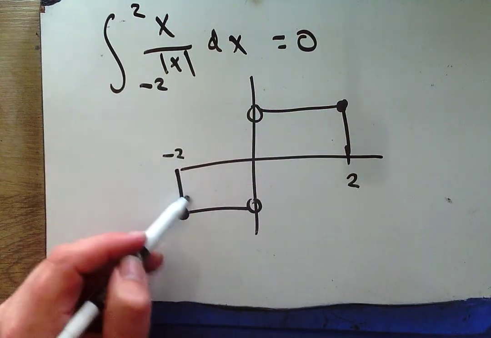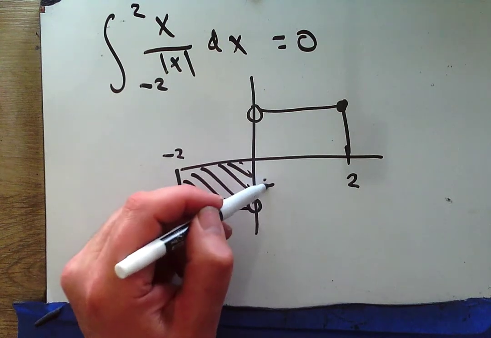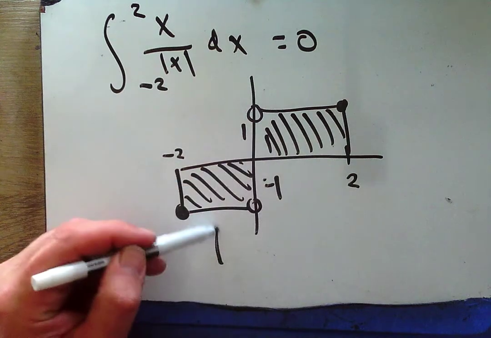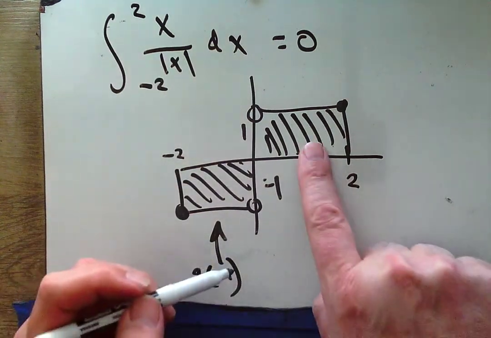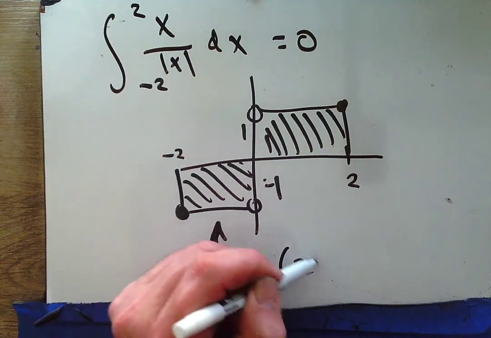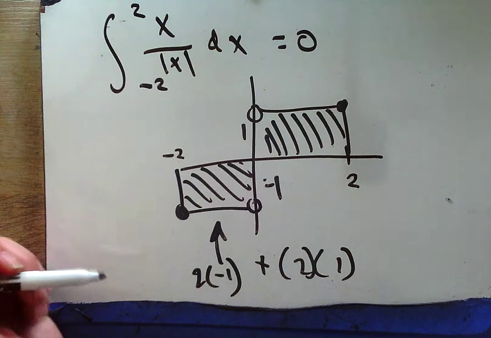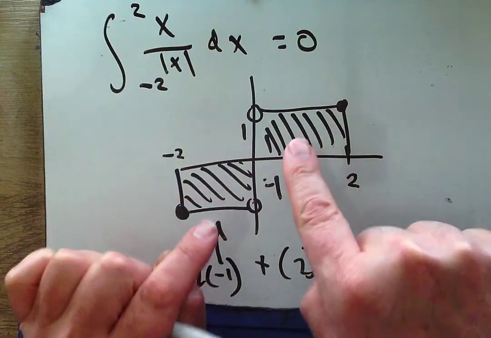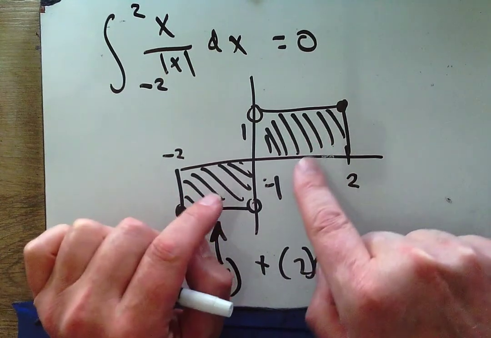So this I'm looking at negative 1, positive 1. This one I'm looking at 2 times negative 1. And this one I'm looking at 2 times positive 1. Or said a different way, this amount and this amount are the same size but opposite signs.